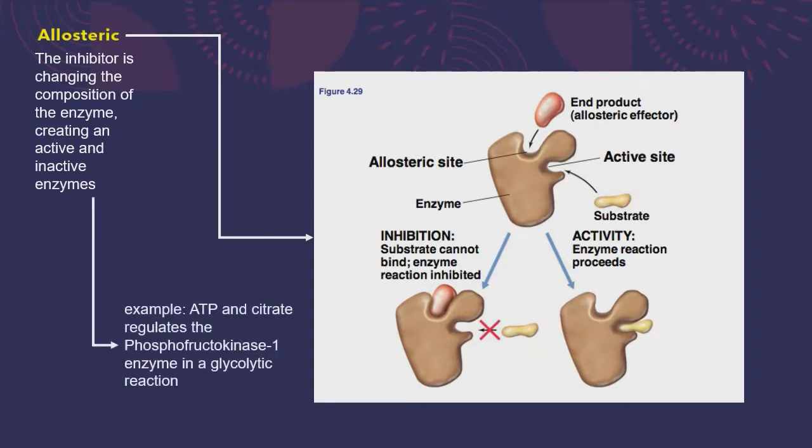So we have the example, the ATP and citrate concentration when they are already in high concentration, such as saturation. These are actually a form of regulation to the enzyme phosphofructokinase 1. So in glycolysis, when that is reached, therefore the phosphofructokinase is already deactivated in this case.